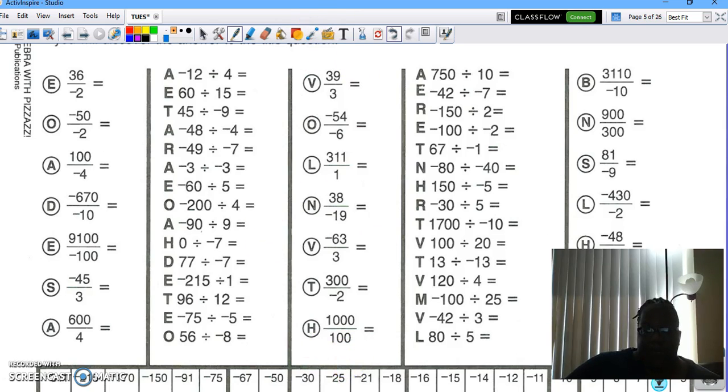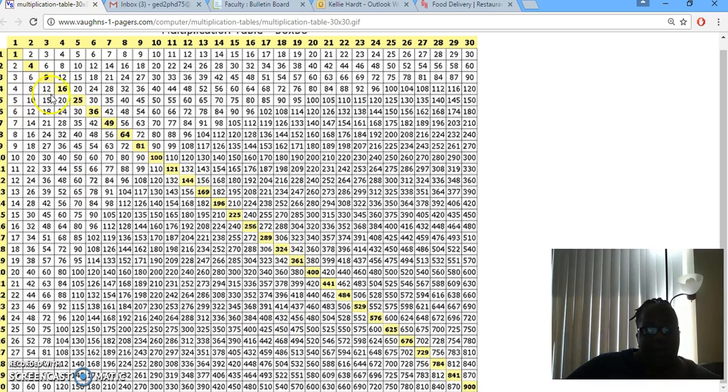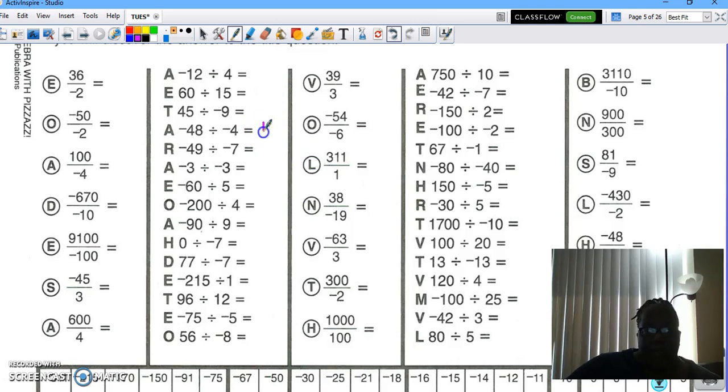Okay, let's pretend you don't know. Look for the small number, actually go to the row of the small number, find the answer. 4 and 48. Here's the 4, go all the way over to 48. Bam, answer is 12. All right, so now I know my answer is going to be a positive 12, because remember, a negative divided by a negative is a positive. So positive 12, which is down there somewhere, put a letter A.